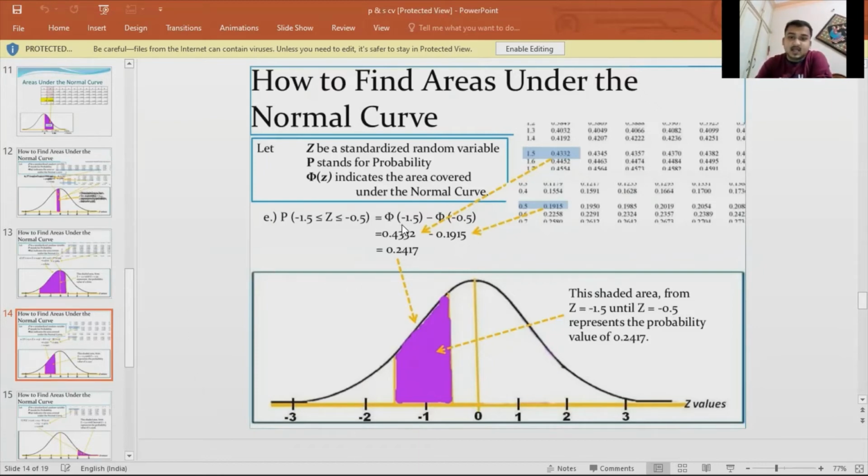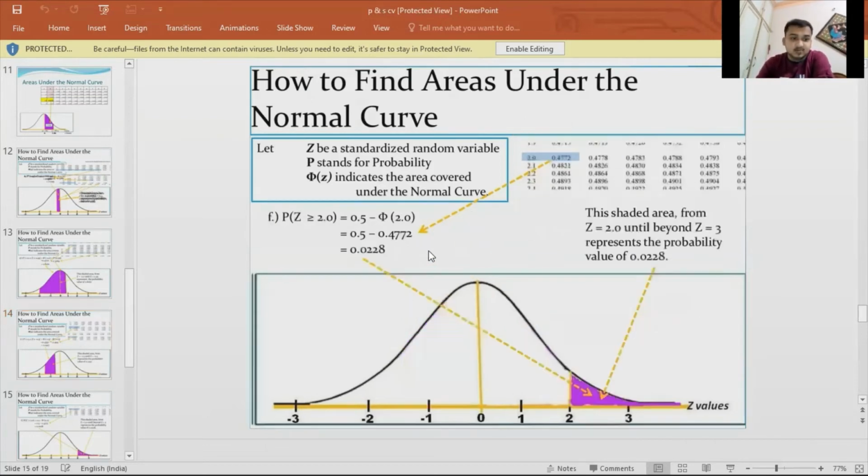Therefore, for finding the area, we need Phi of 0.5 minus Phi of minus 1.5. If we look at the value for 1.5, it is 0.4332, and adding 0.191 gives 0.6242 as the probability required.